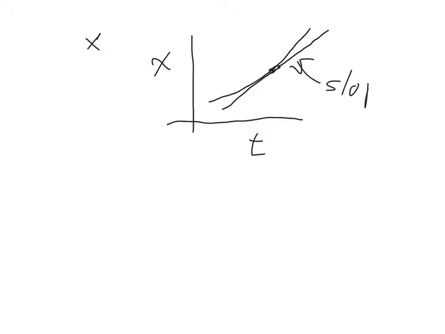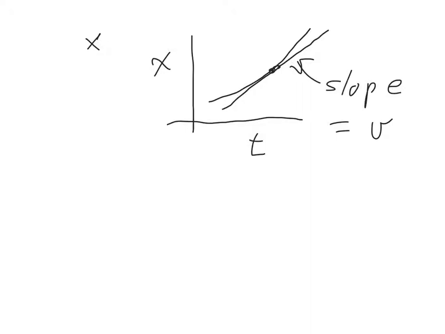Velocity, we can think of graphically, if this is x on this axis and time on this axis, the motion of the particle with time is some curve on this tx plot, and the velocity at this particular point is simply the slope, and that's indicated by the letter v.